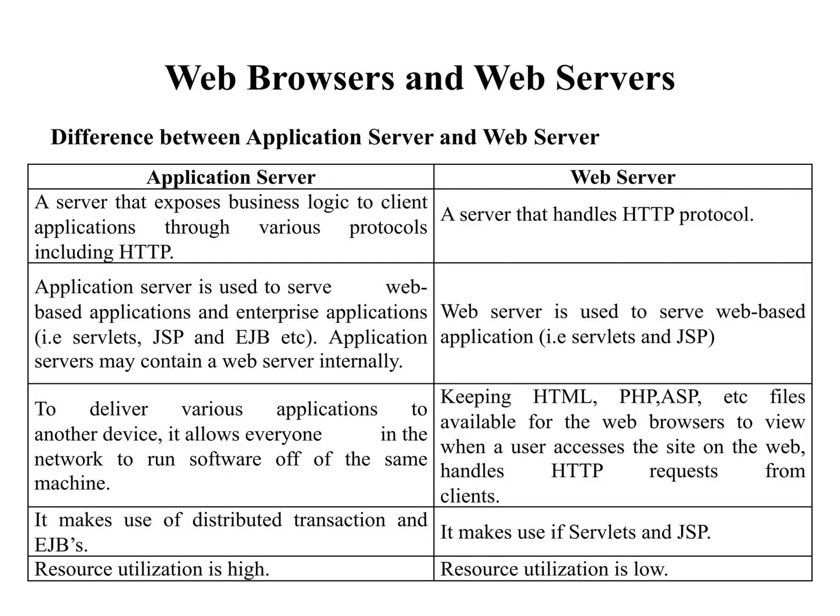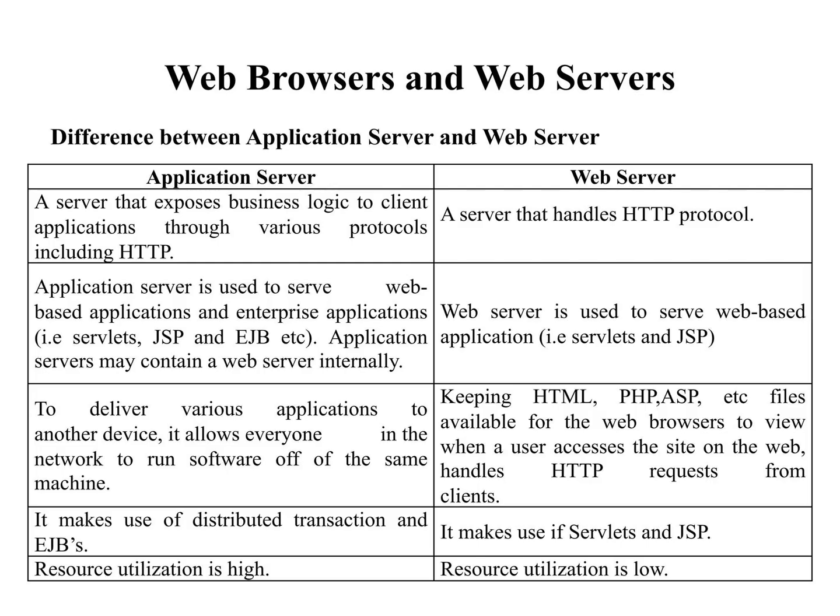Next, application server is used to serve web-based applications and enterprise applications. Web server is used to serve web-based applications only. Application server allows everyone in the network to run software on the same machine.